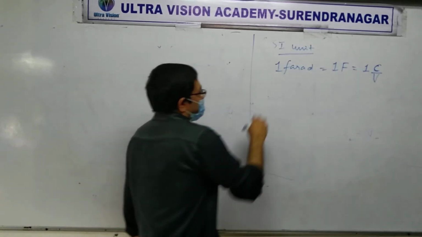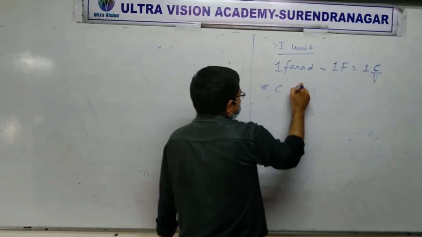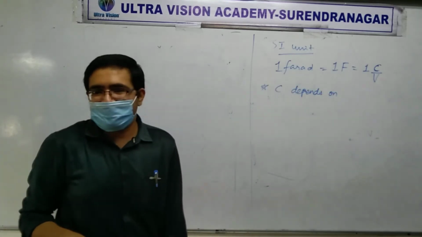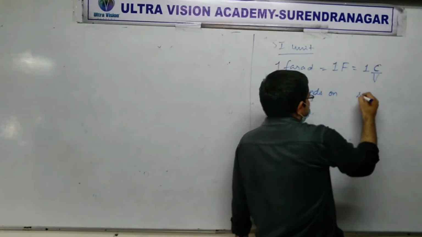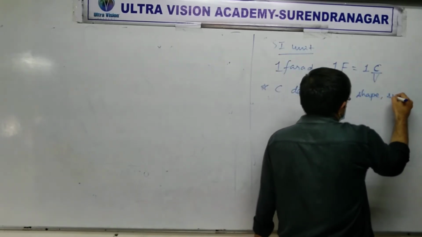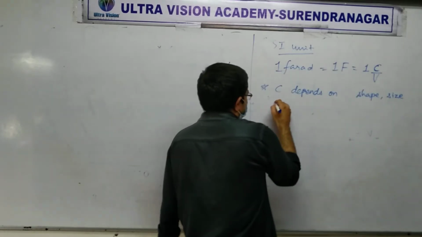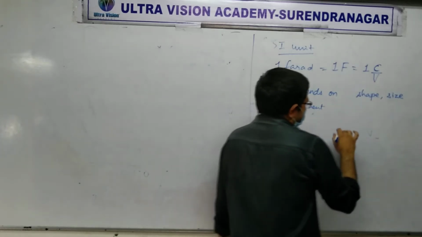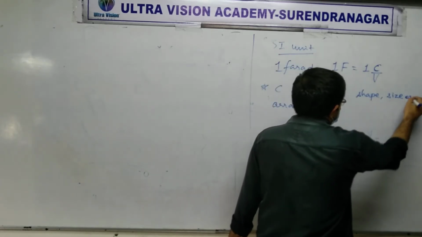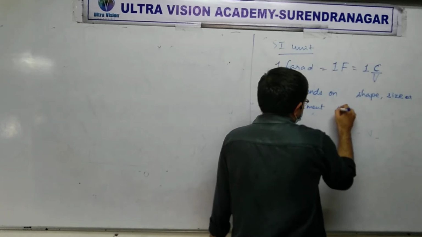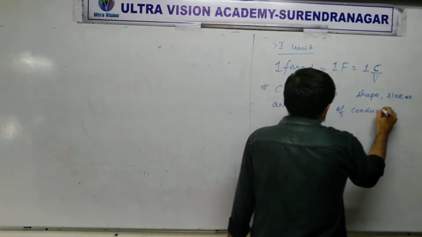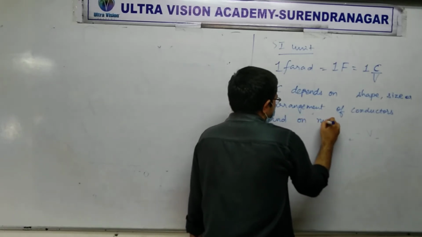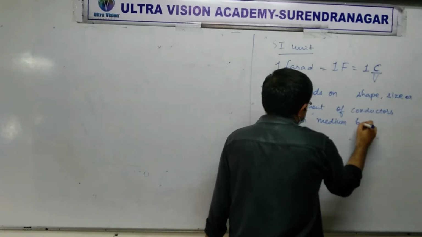Write it down: C depends on, that is capacitance depends on shape, size, arrangement, in short geometry and all that. Shape, size or arrangement of conductors and on the medium between conductors.